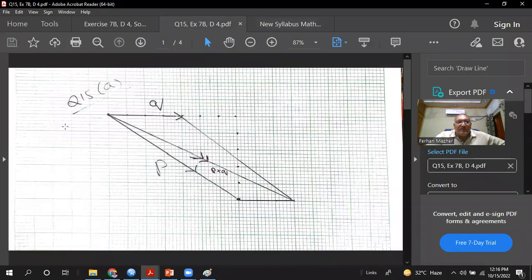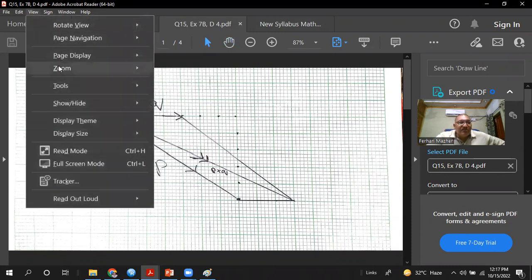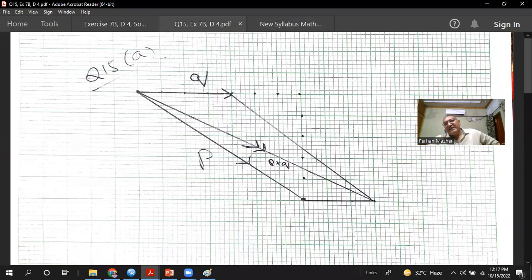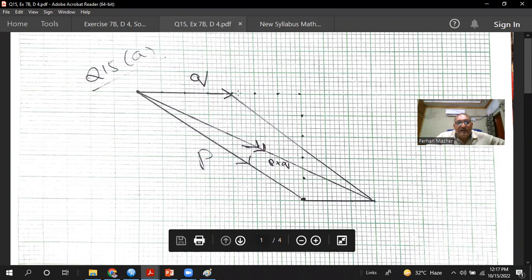So here you can see question number 15A. I have drawn Q, I have drawn P, in such a way that their tails are joined together, and then I suppose that they are the sides of the parallelogram. So like Q, I make a Q here. Then I join these 2 points, so the parallelogram is completed.